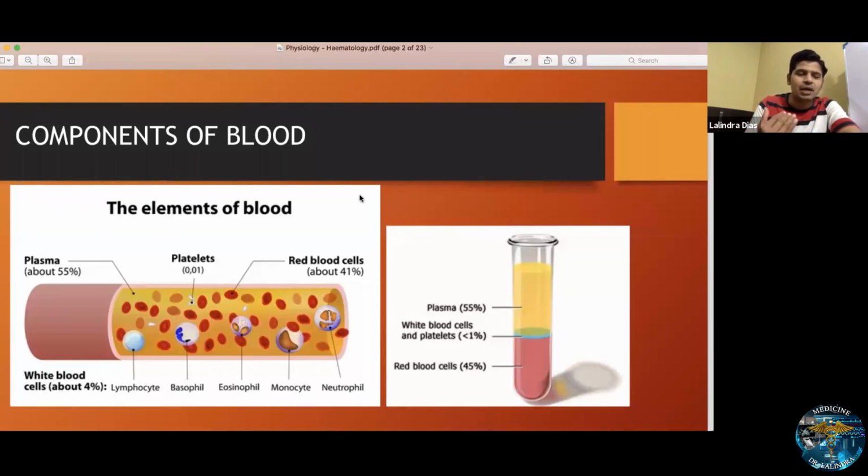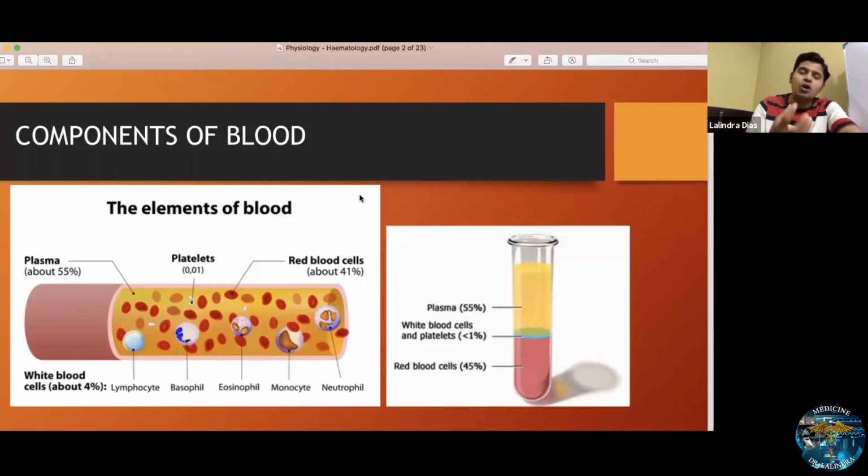That is plasma. Inside plasma, you have various minerals, vitamins, electrolytes, various substances dissolved in this plasma, right? You have sodium, potassium, glucose, albumin, various proteins, various minerals, everything embedded and dissolved in this plasma.